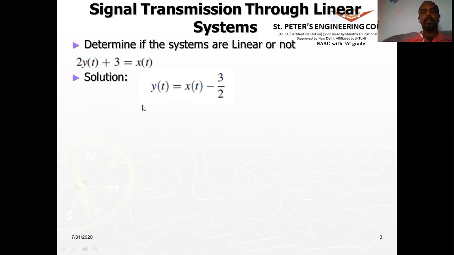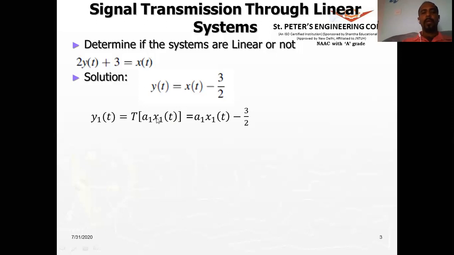First, when I give x1 of t, y1 of t will be equal to T of a1 x1 of t. Here a is a scaling factor. So we are applying the complete linearity property, that means both the homogeneity as well as the superposition. First we are checking for the homogeneity.